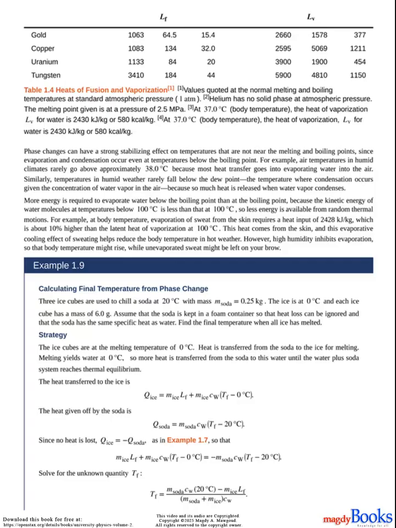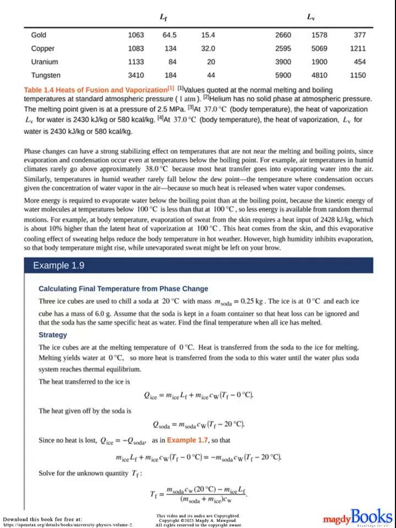Since no heat is lost, Q_ice equals negative Q_soda, as in example 1.7, so that m_ice L_F plus m_ice c_W (T_F minus 0 degrees Celsius) equals negative m_soda c_W (T_F minus 20 degrees Celsius).